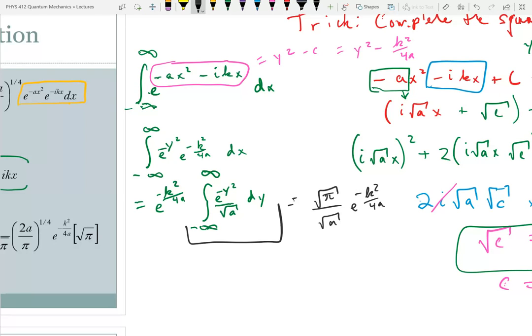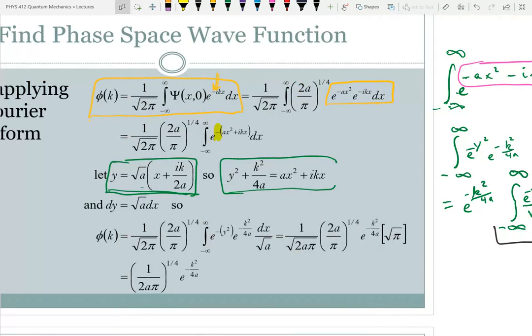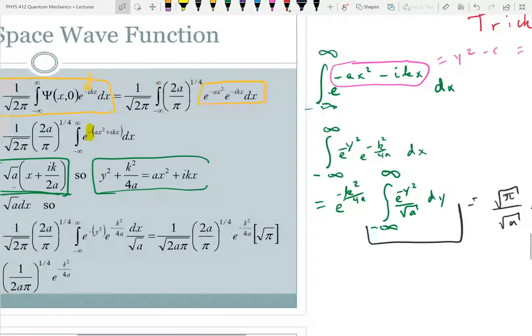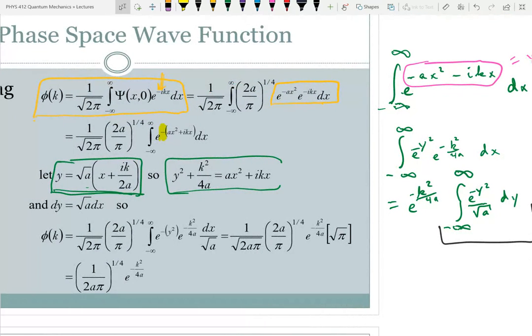Assuming that I remember the integral table right, and of course, how will we check? By coming over here. Yeah, I distributed things differently, but I think that's the same.